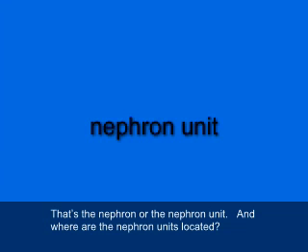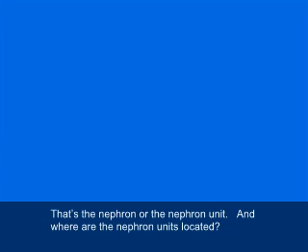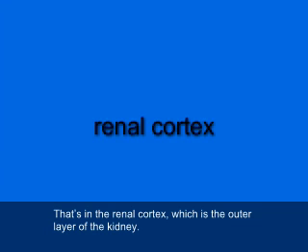That's the nephron or the nephron unit. And where is the nephron unit located? Or actually, the nephron units, there's many of them. Okay, that's in the renal cortex, which is the outer layer of the kidney.